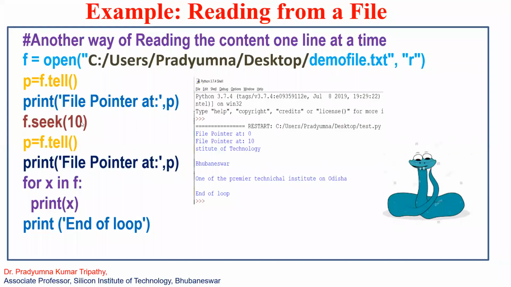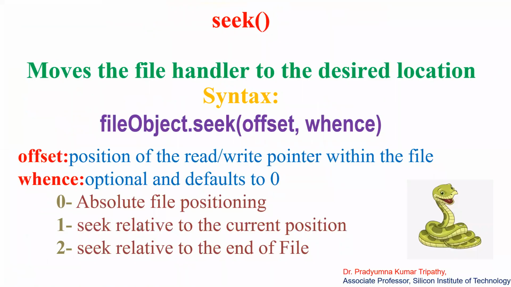If I do not give anything, it is 0, from the beginning of the file. So 0 is from the beginning of the file, 1 is from the current position and 2 is relative to the end of the file.